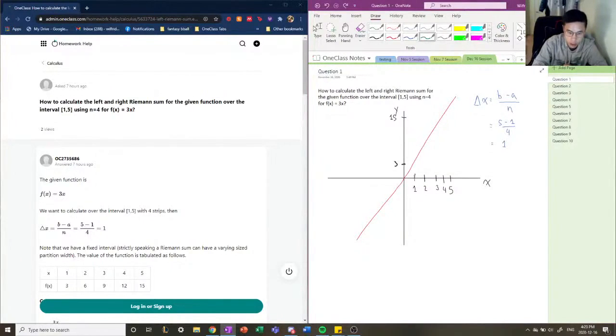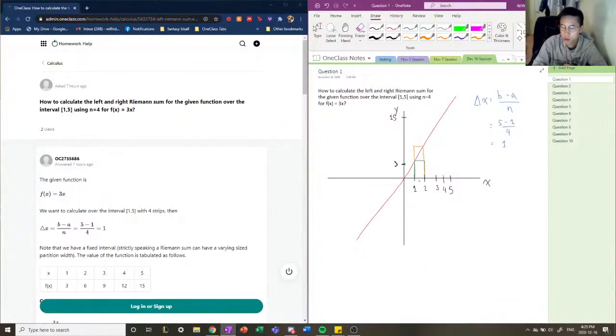We can either use a length of 3 and a width of 1 and calculate the area of this rectangle, or we can calculate it using the height from the other end of the interval, which is at 2. So we can use the length of 6 and the width of 1 for this rectangle. So there are 2 ways to calculate these rectangles.